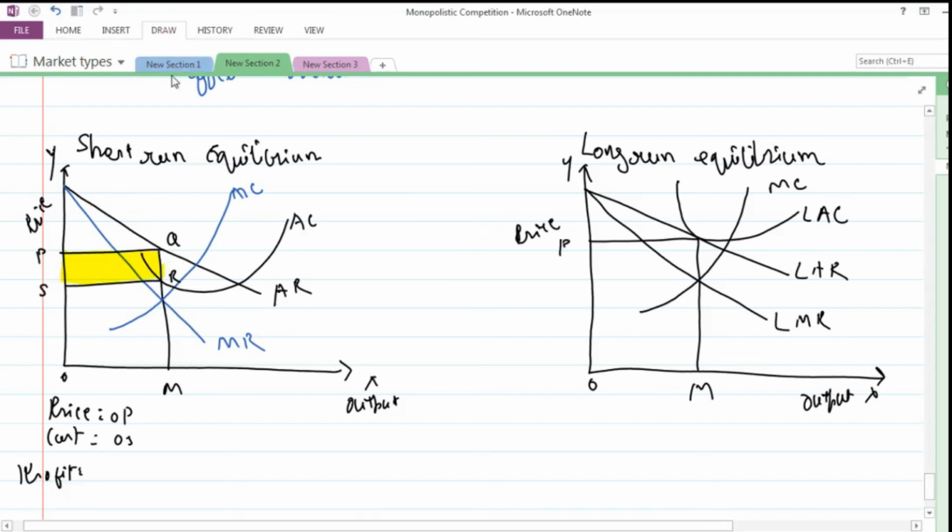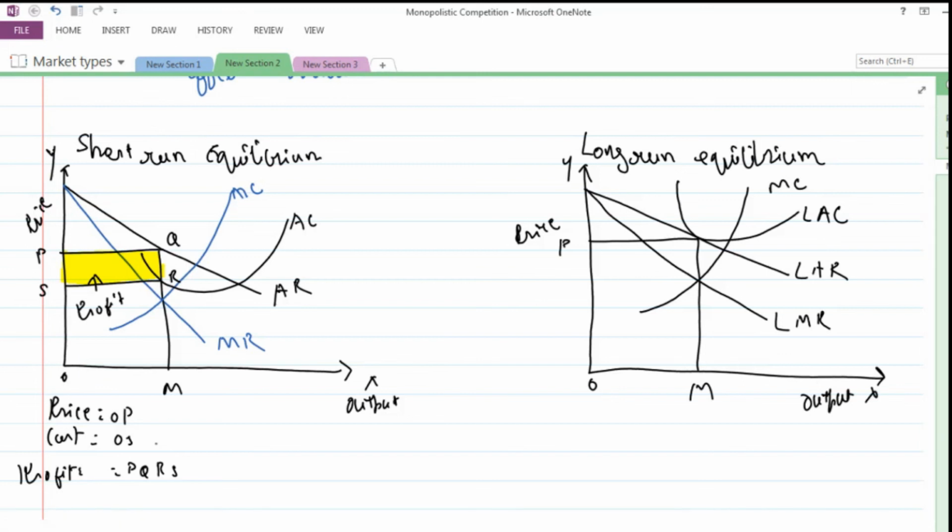That is, profit is equal to PQRS. Hence there is supernormal profit, but in the long run the excess profit is done away with.